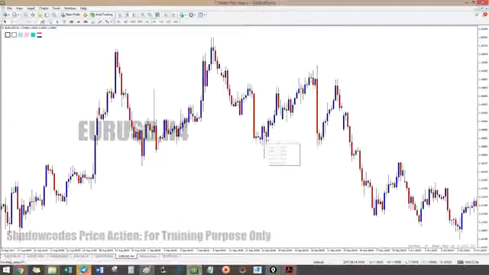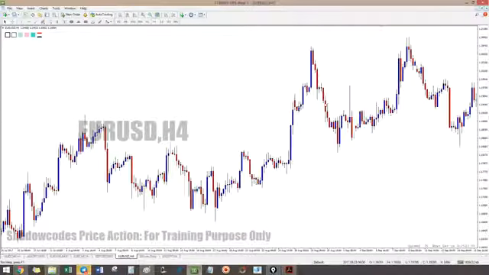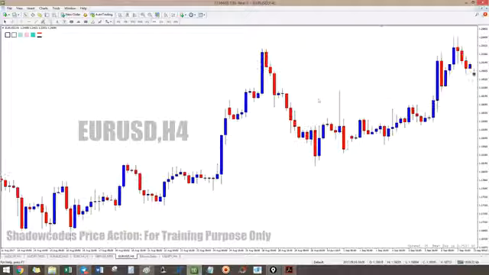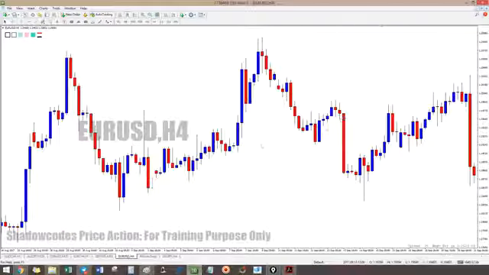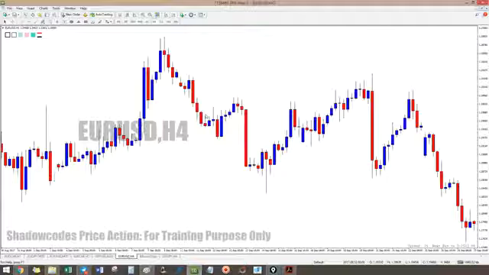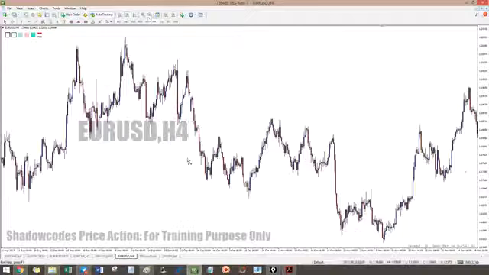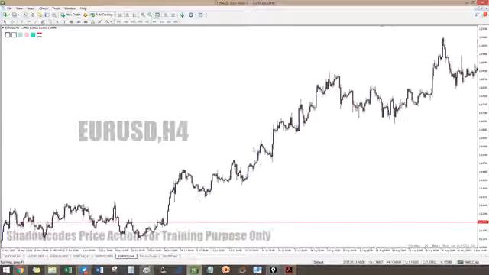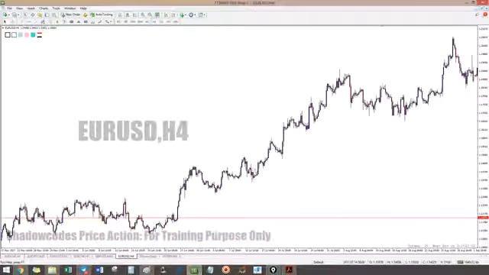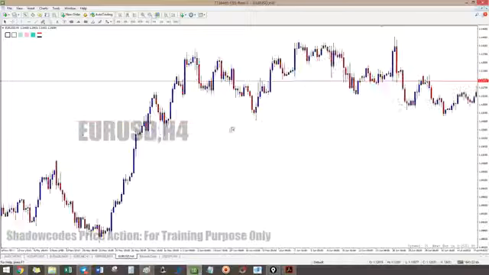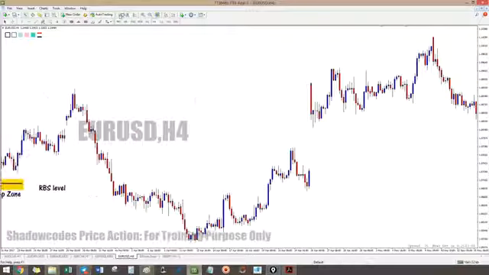Drop base drop as a supply zone. The moment drop base drop, this one. Where is it? When I zoom it's gone.